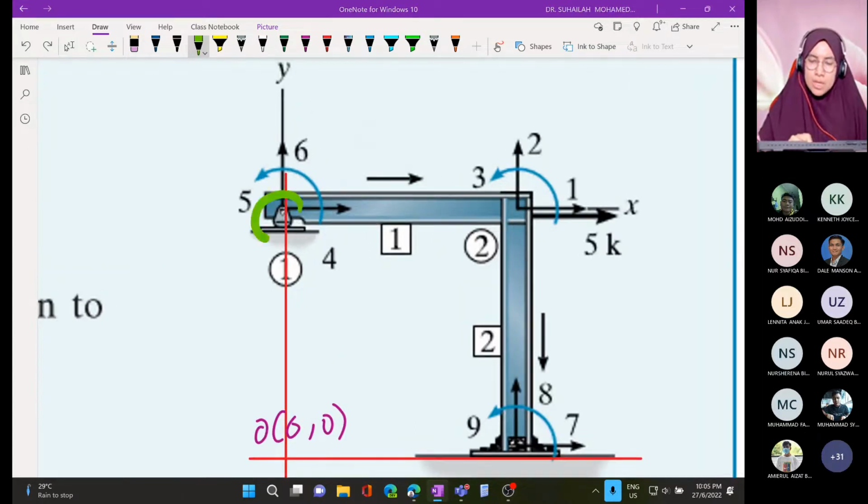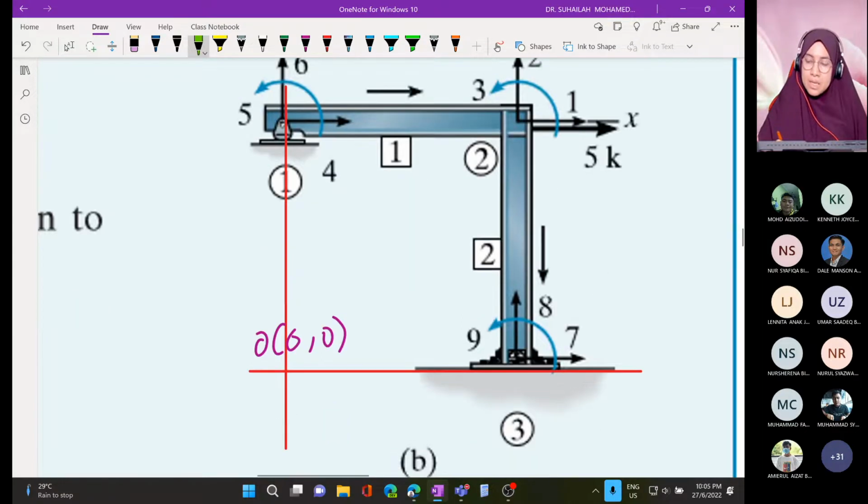Okay, this is the roller. This is a rigid joint, so unconstrained. This one is fixed.